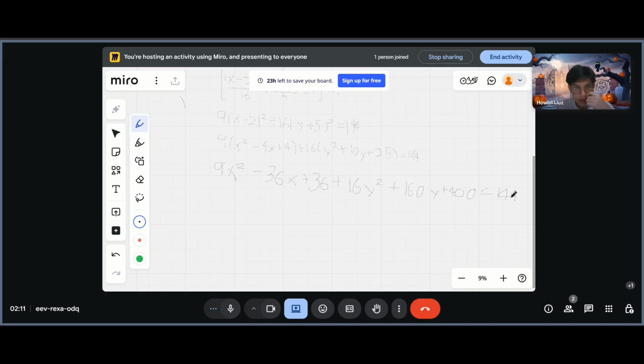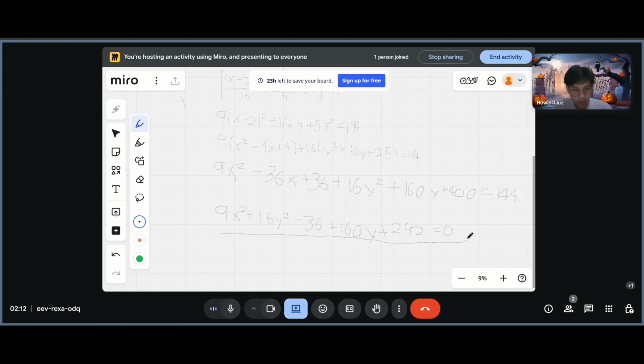So the next is just move everything to the left hand side and sum the equations. So x² plus 16y² minus 26 minus 160y plus 200 equals to 0.